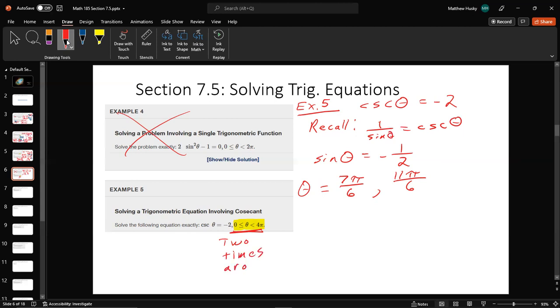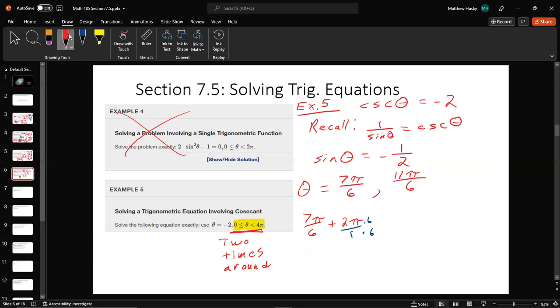So what we're going to do is add 2 pi to each of these solutions. Fun fact, you need a common denominator to do that. So we need to multiply 2 pi by 6 on top and on bottom.